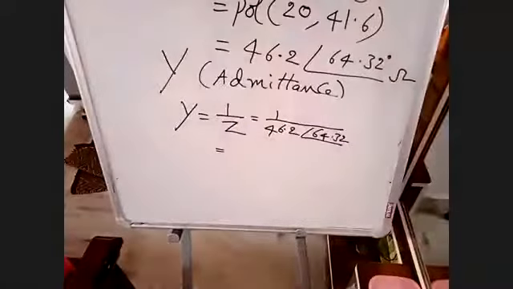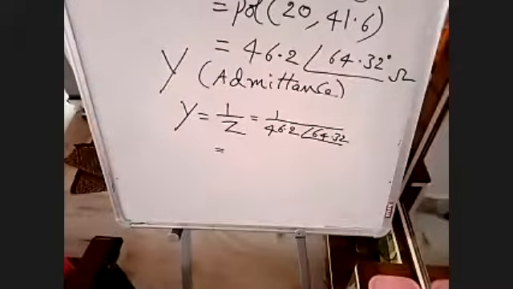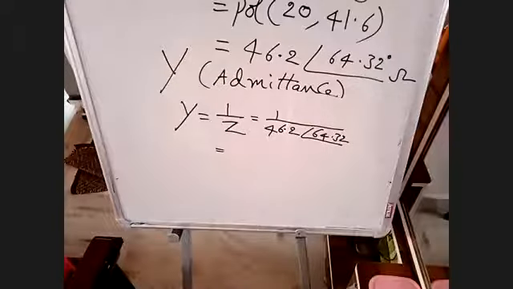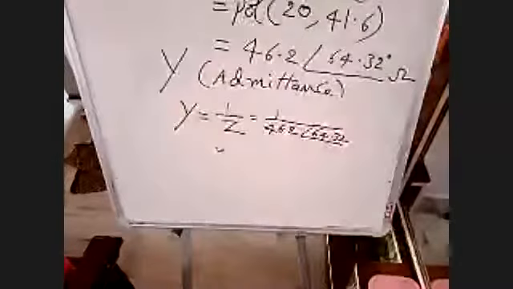Now tell me, what is the value of 1 by 46.2? 0.021.